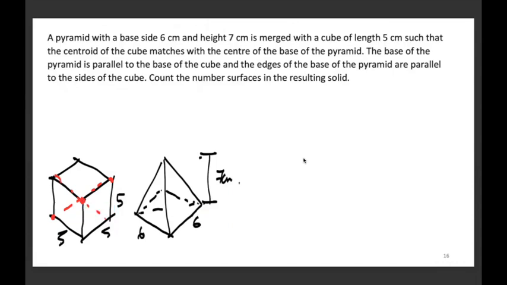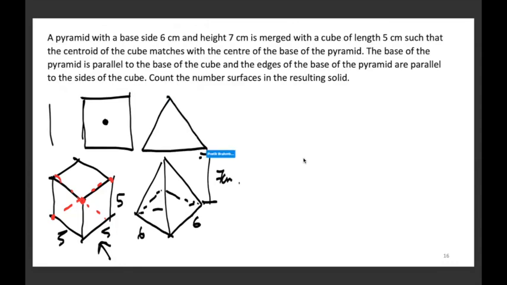If I were to draw the center of the cube, looking at the cube from the front, the centroid of the cube will come here. And the center of the base of the square pyramid will come here. What we are doing is merging these 2 points together and forming a new solid.